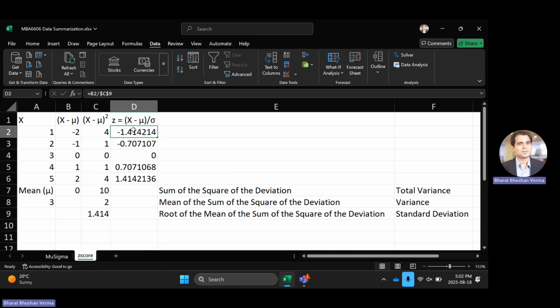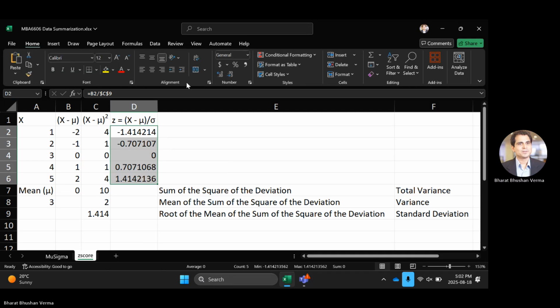So this scale converts the deviations in the data in multiples of standard deviations. So this is how we get the Z-score, and Z-score forms the foundational concept in inferential statistics.